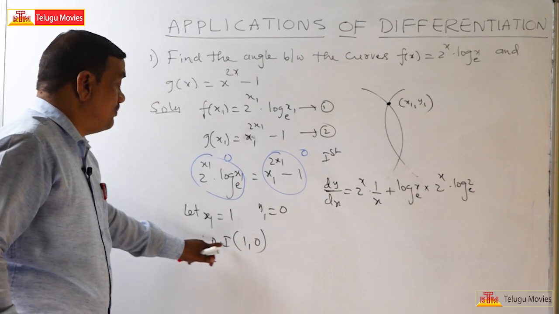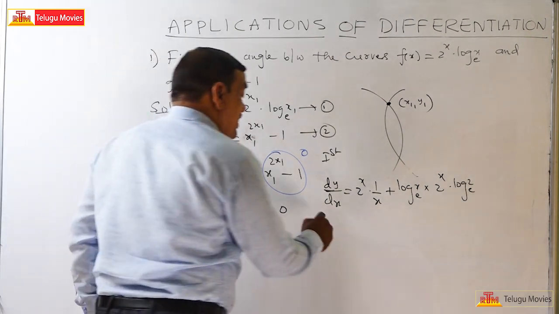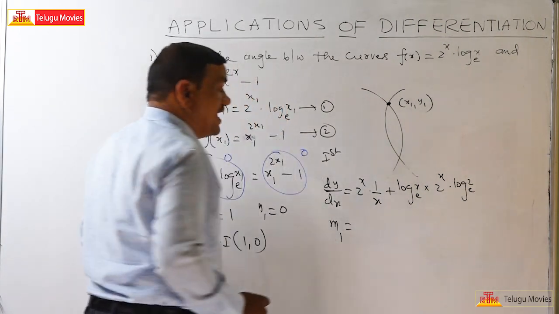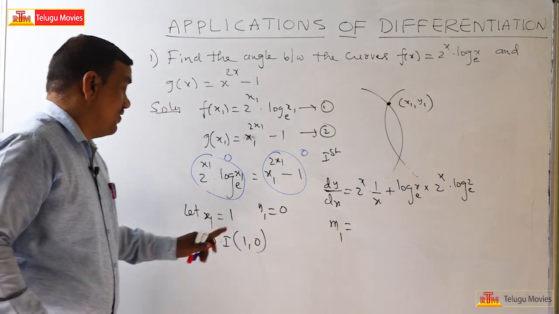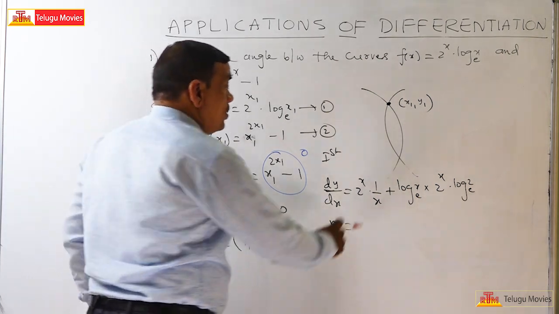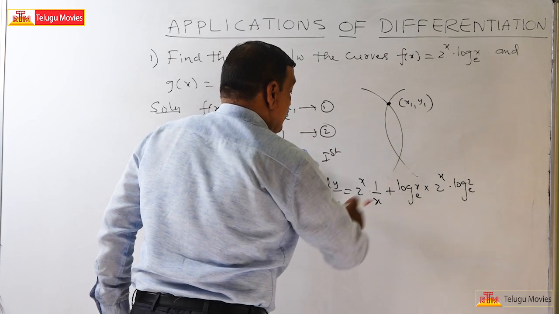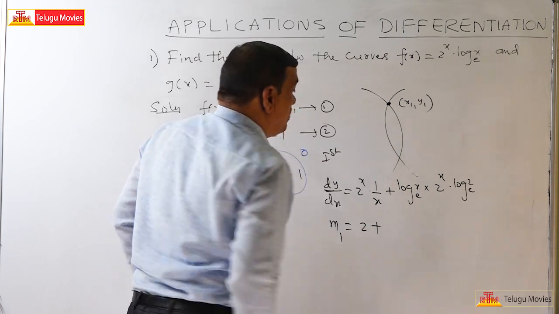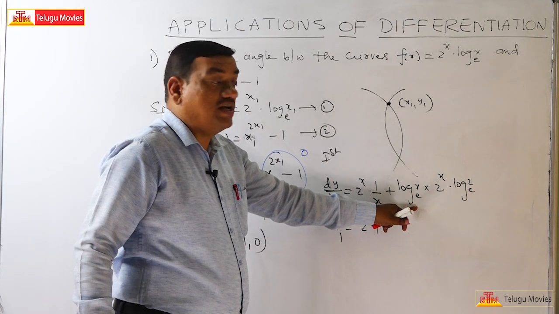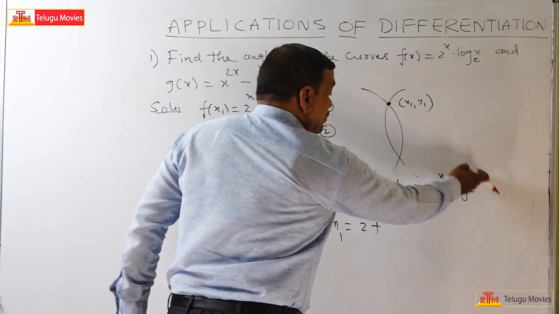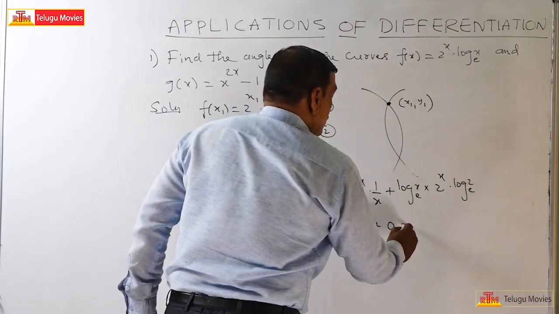Okay, now substitute 1 comma 0, we will get the slope of the tangent for the first curve. So, wherever x is there, substitute 1: 2 power 1, 1 by 1, that is equal to 2, plus here log 1 to the base e is 0, 0 into this finite value is 0.